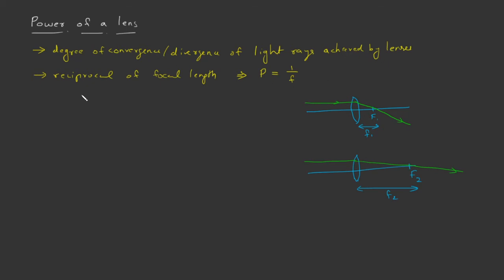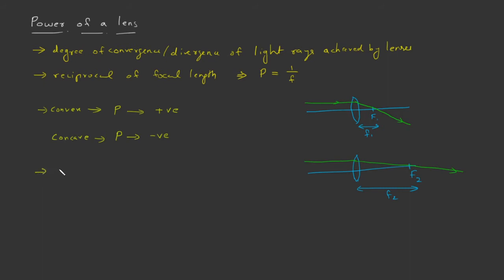It is defined as the reciprocal of focal length, that is P is equal to 1 by F. We know focal length of convex lens is taken as positive. Therefore, power of convex lens is also positive. In the same way, focal length of concave lens is taken as negative. Therefore, power of concave lens is also negative.